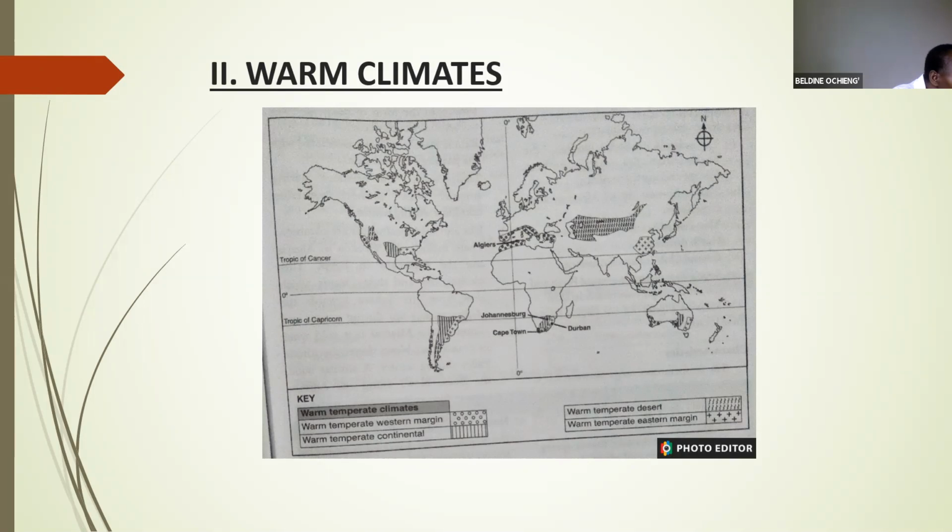Then we look for warm temperate continental. The symbol for warm temperate continental, I can see a shaded area in South America, North America, Asia.